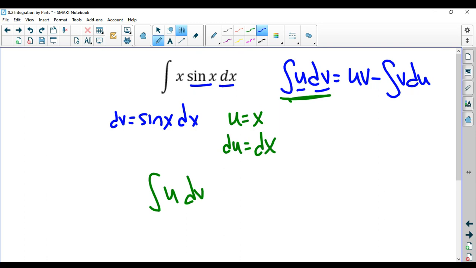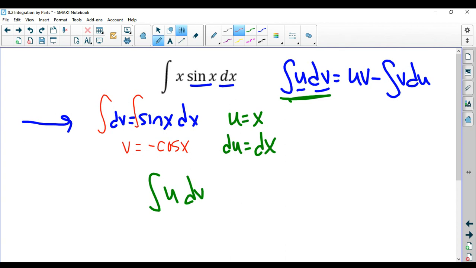Now this part over here is new. We have dv, so to figure out what v is, you're going to have to integrate. The integral of dv is v, and the integral of sine is negative cosine. I heard you, you said you thought it was positive cosine, but remember your rule. We're integrating.